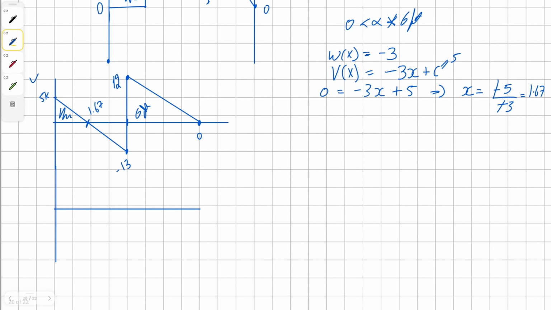This gives us our first mark, which is the positive 4.17.